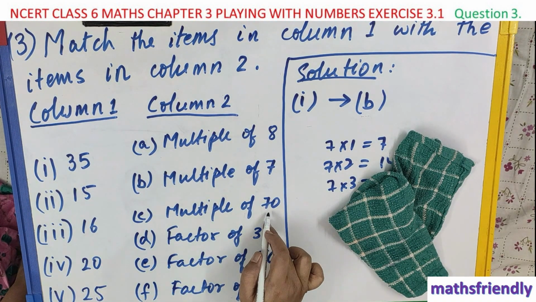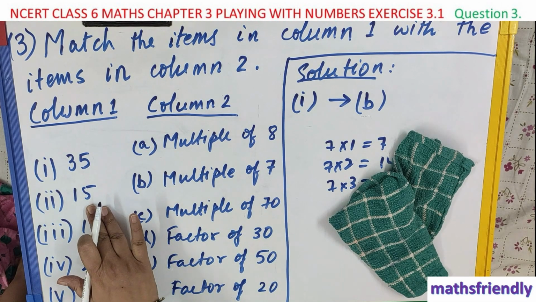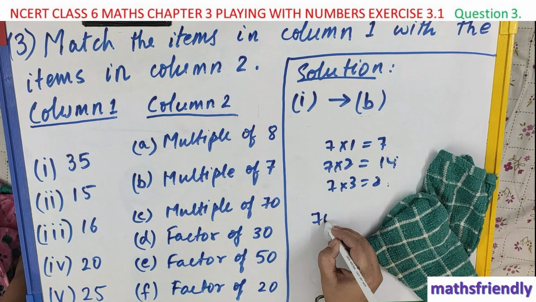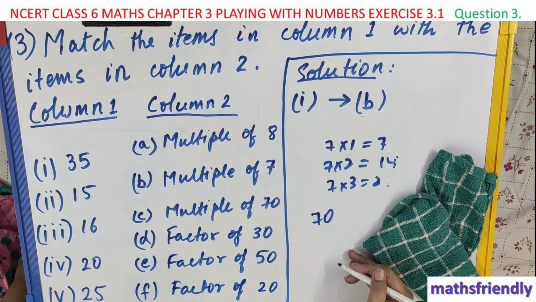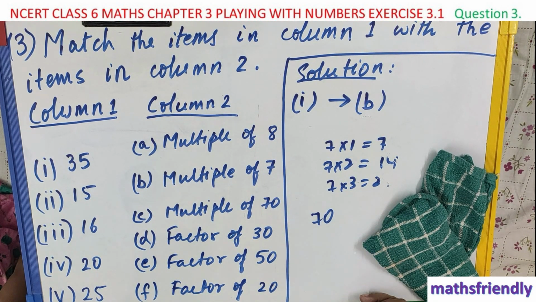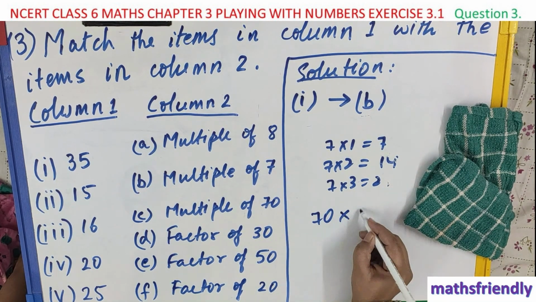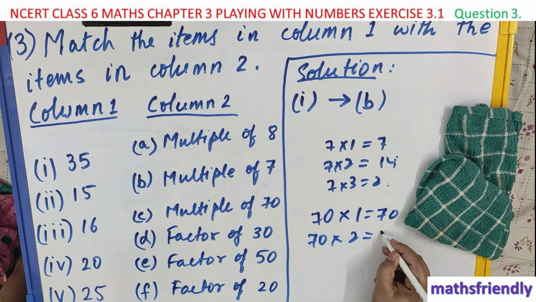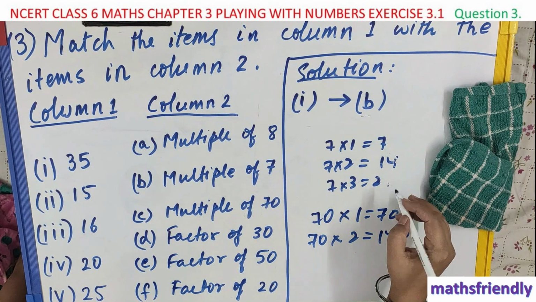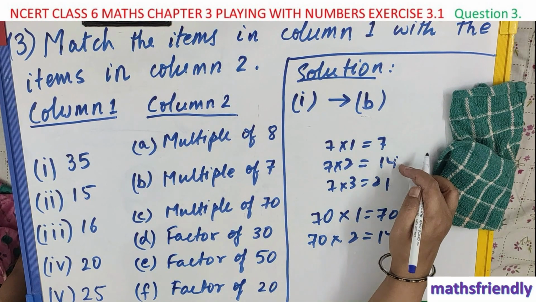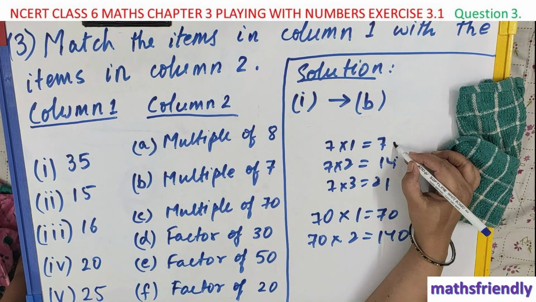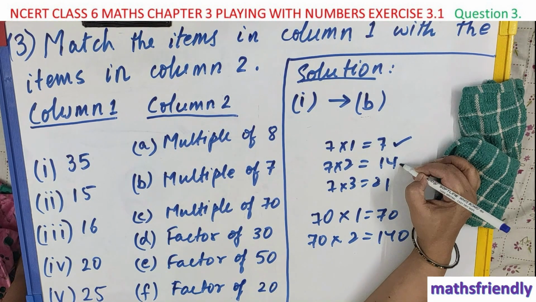Now, is 15 a multiple of 70? No. Multiples of 70 will be the numbers greater than 70, because 70 ones are 70, 70 twos are 140. So the multiples of any number are the number itself and the numbers greater than that number.